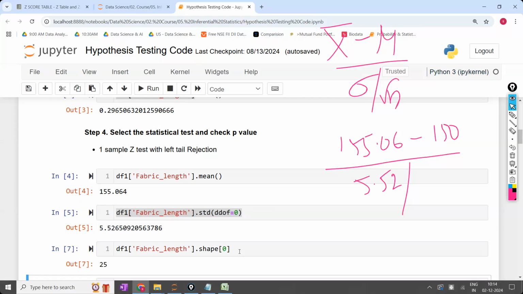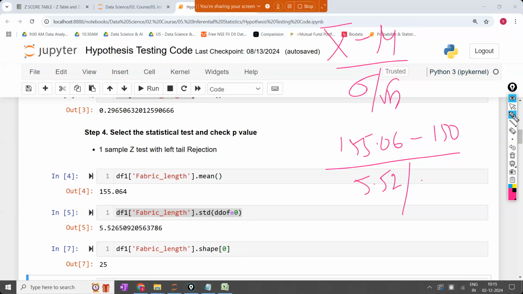When I explained tuple indexing in core Python, every person told the answer: to extract the first value, the index is 0. Now shape also gives a tuple, so the first value is index 0.